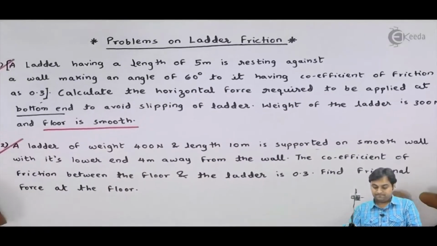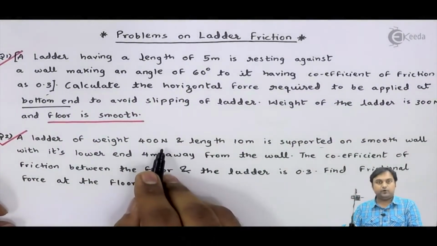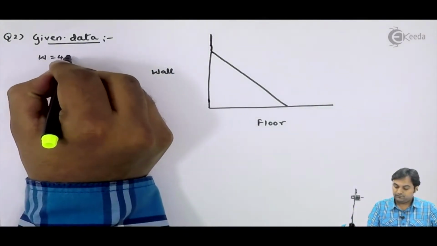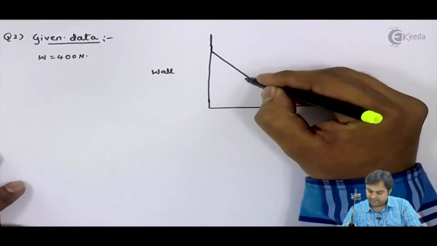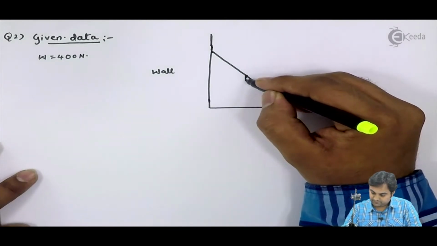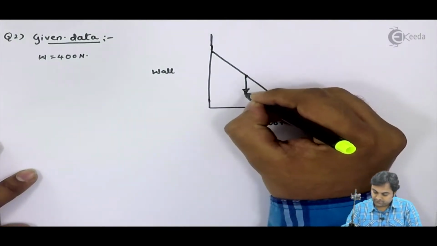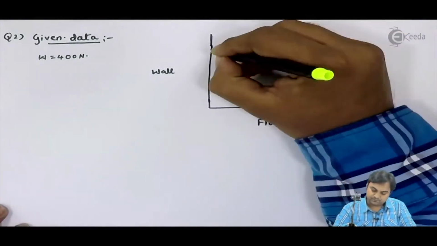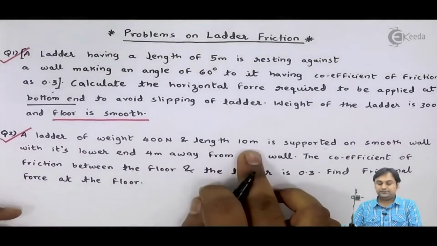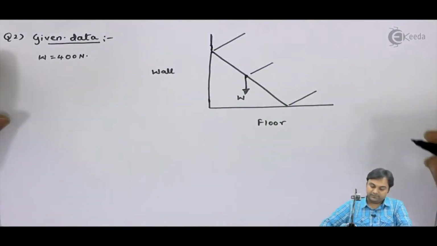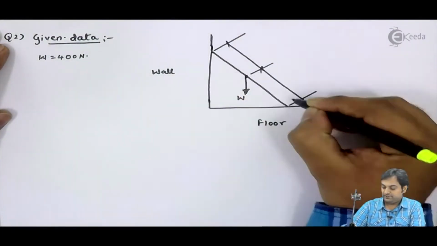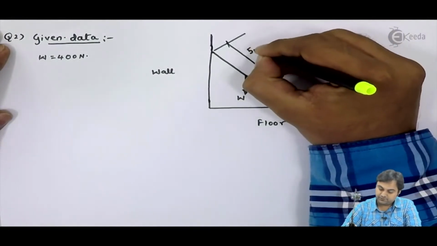It is given a ladder of weight 400 Newton, W is 400, which will be acting at exactly half of its length. So here we have W. Next, length 10 meter. The entire length of the ladder is 10, so I have divided it into 5 meters on either side.